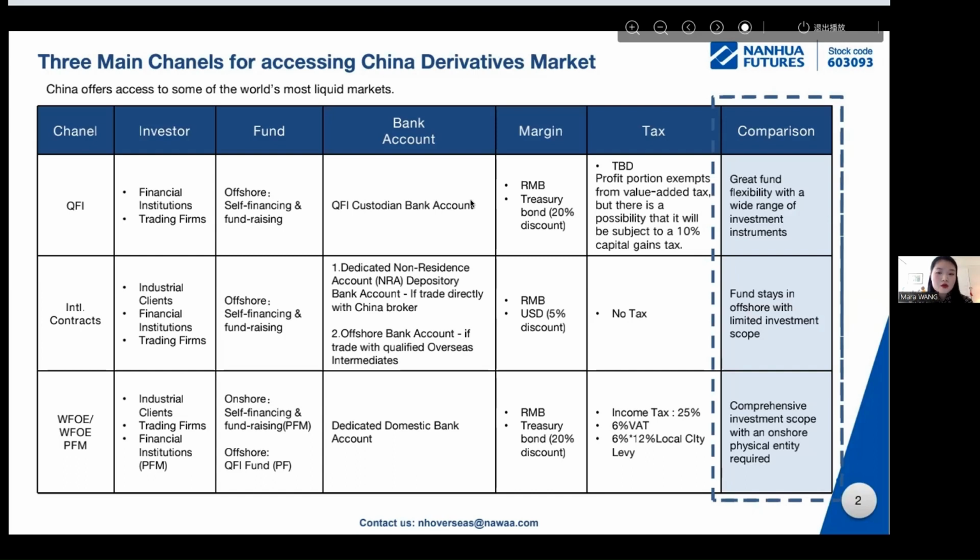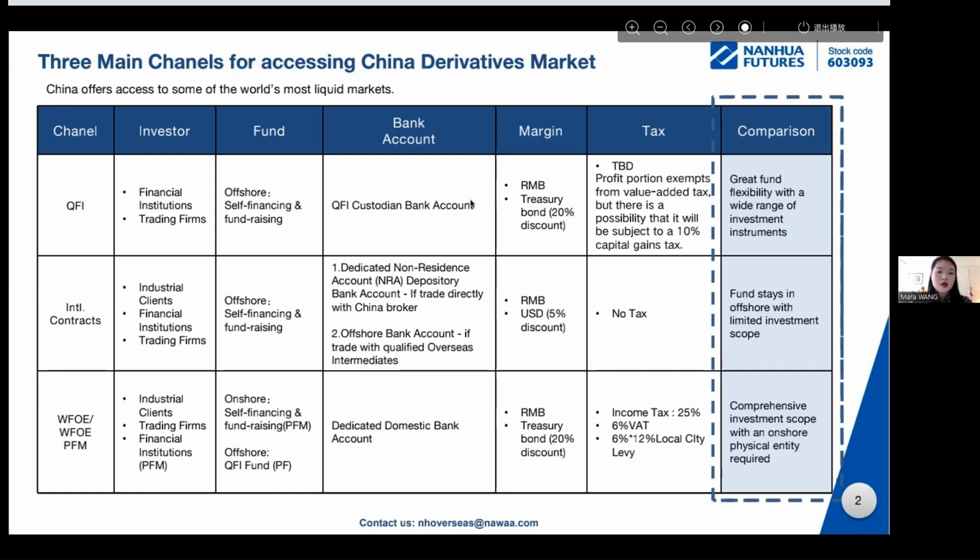The advantage is that the fund can stay offshore, but the investment scope is slightly limited compared with QFII and WFOE. Another advantage is on the tax issue: we don't need to pay any tax for the international contracts, and we can use US dollars to trade.